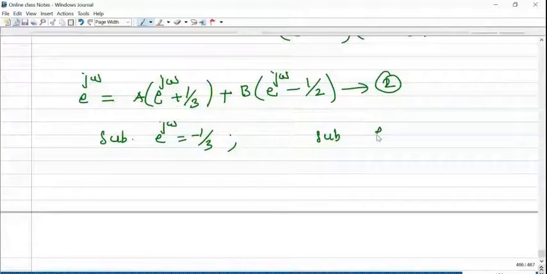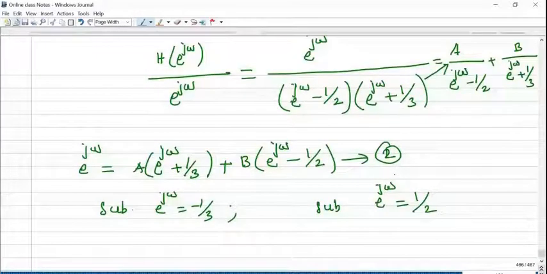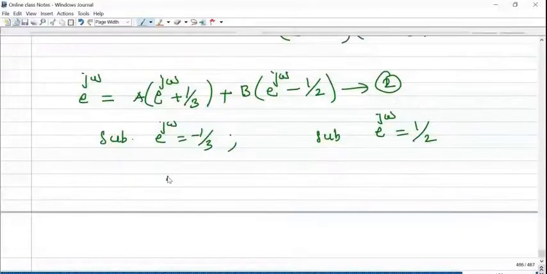e power j omega equal to 1 by 2. And you will get a value 3 by 5.